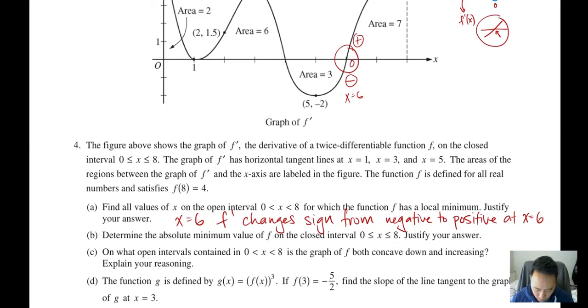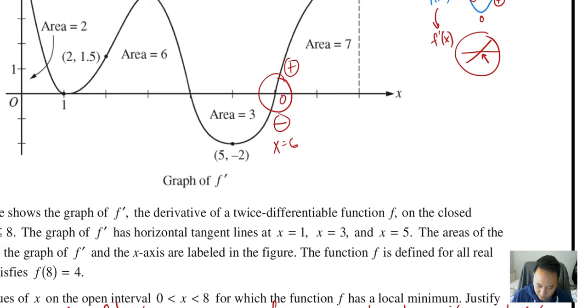Part B, determine the absolute minimum value of f on the closed interval 0 to 8. The absolute minimum value of f, we don't have the f graph. We just have an f prime graph, a slope graph. But if I integrate f prime, I'm going to get my f graph.